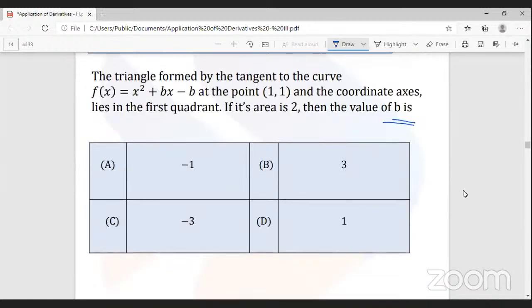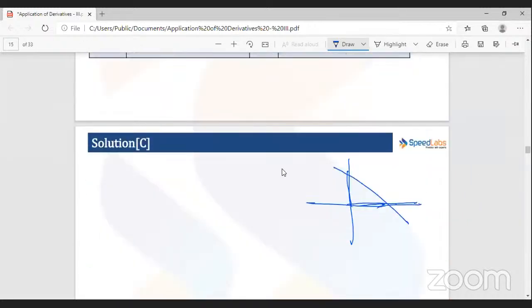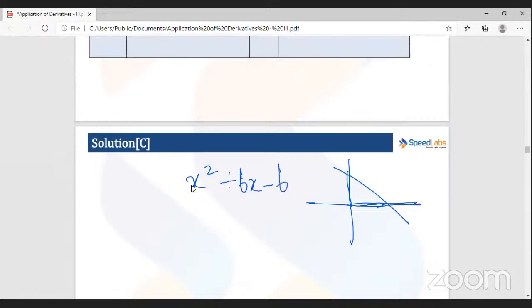So the tangent to the curve will be found by differentiating this equation. So x square plus bx minus b is the equation. We have to find dy by dx. It is 2x plus b.